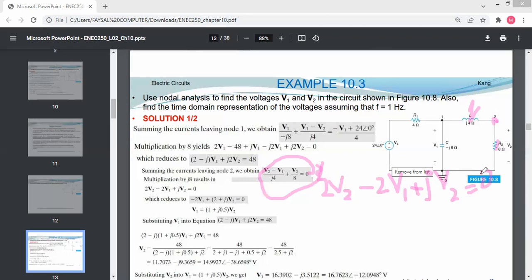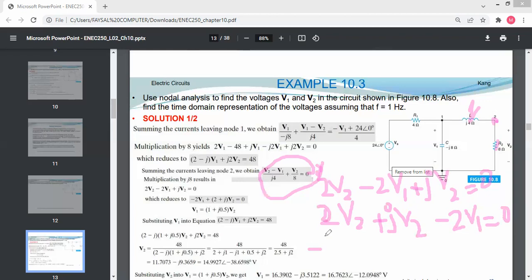Now the common term is my v2. So how to take common? That will be 2v2 plus jv2 minus 2v1 equals to 0. Now from this side, I have to take the common of v2.